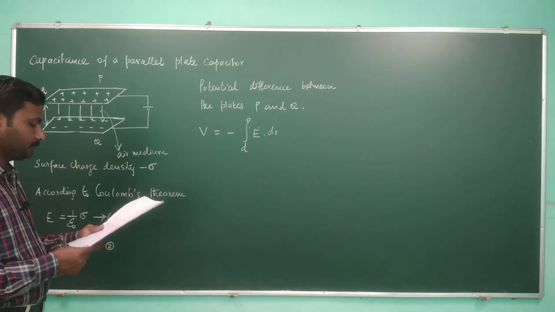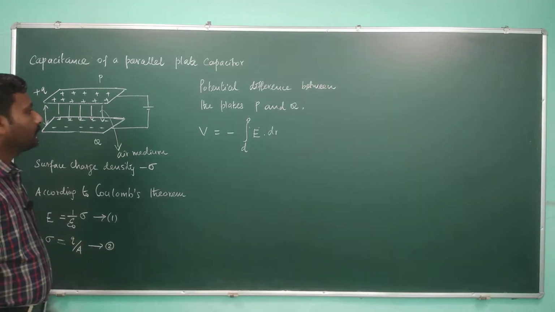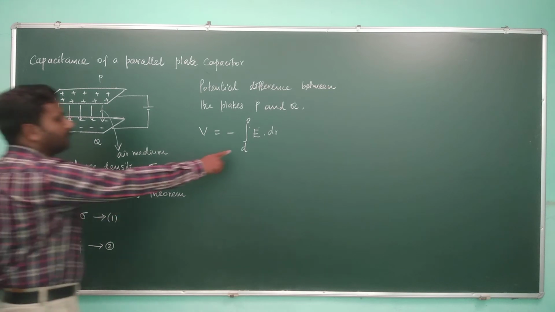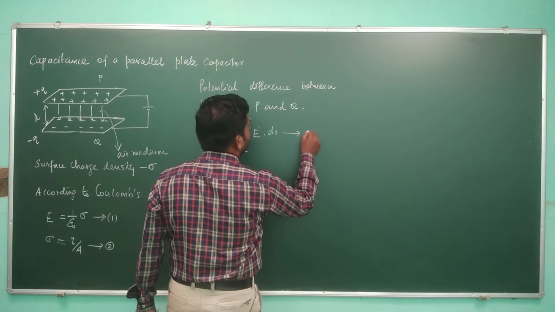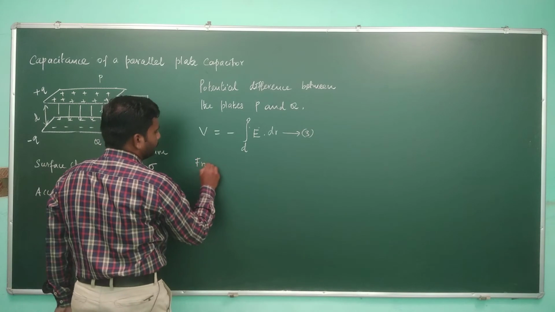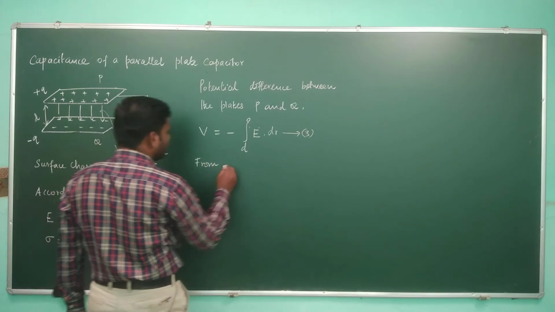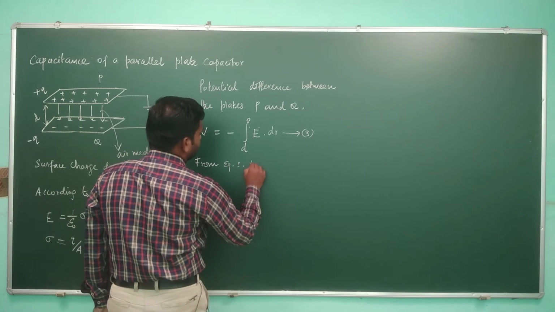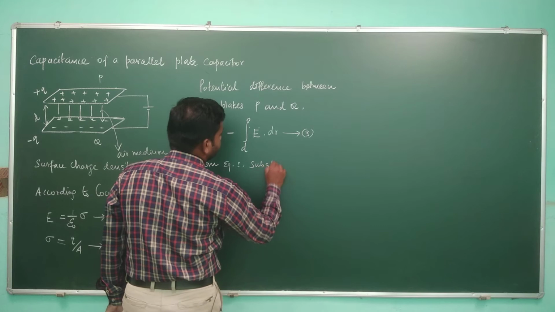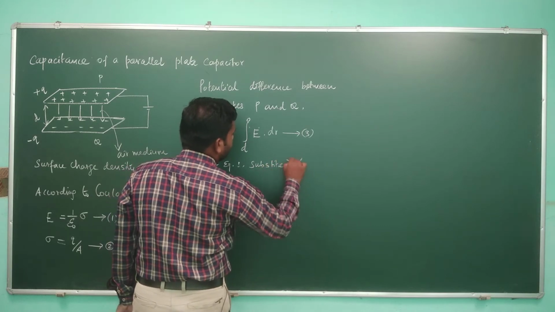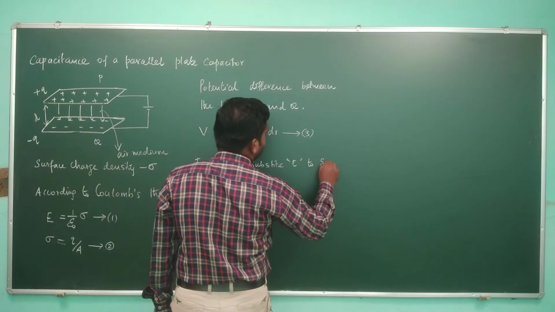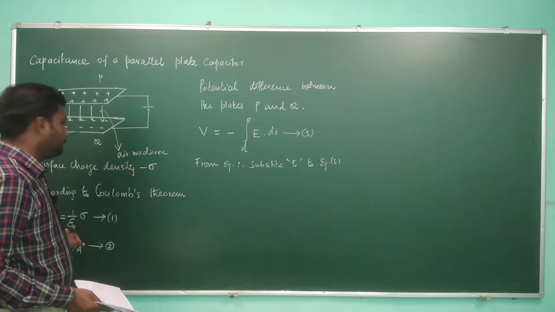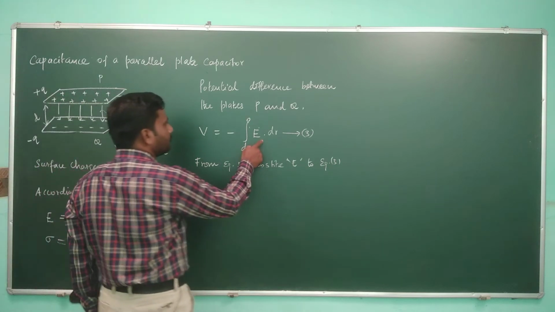Here the expression for E is 1 by epsilon naught times sigma, from equation 1, that we can substitute into equation 3.